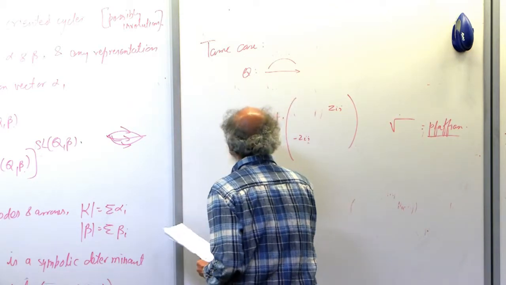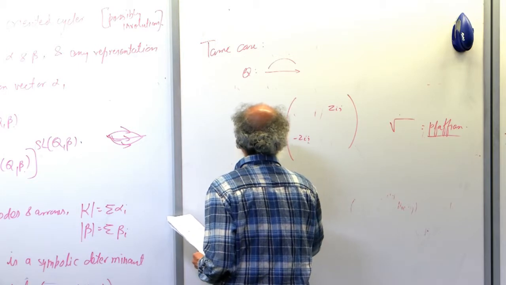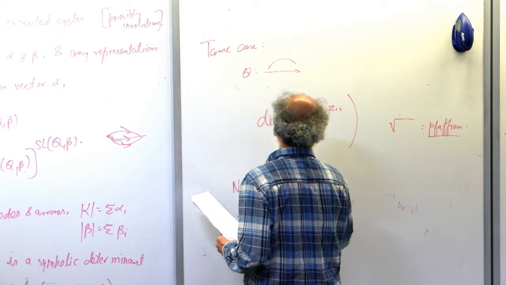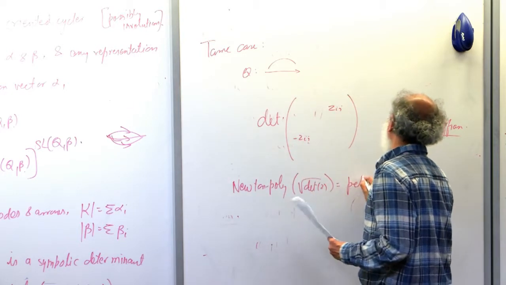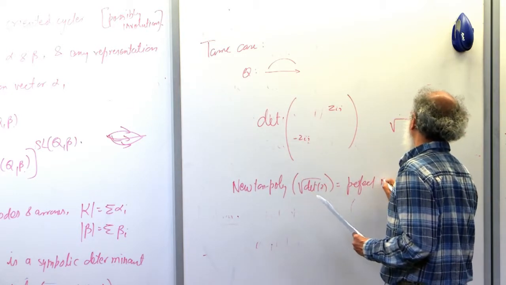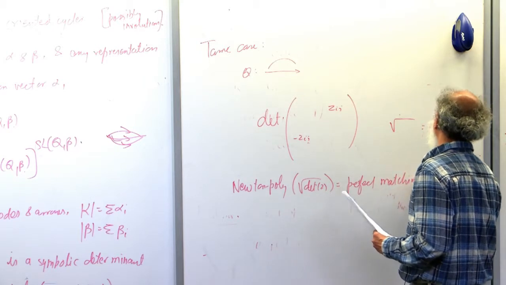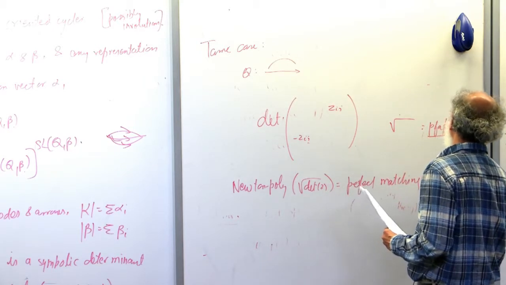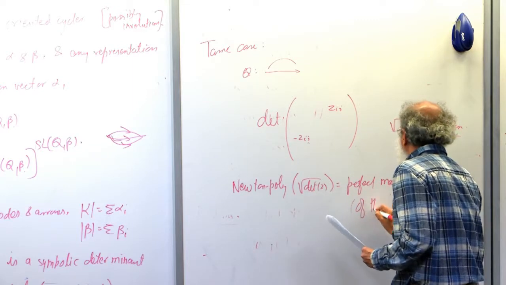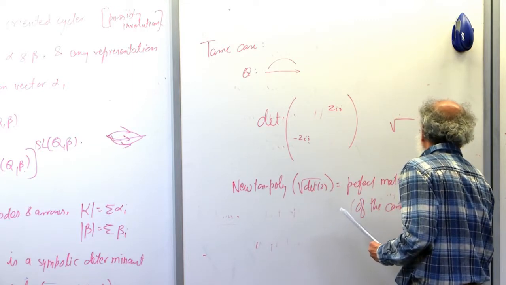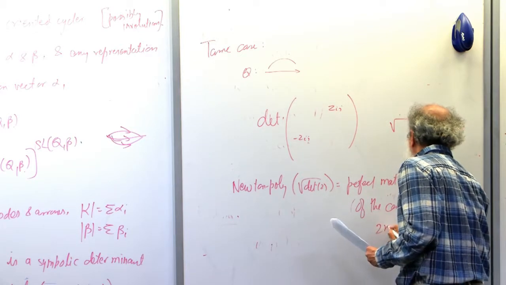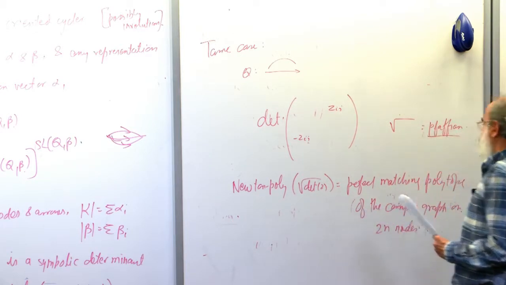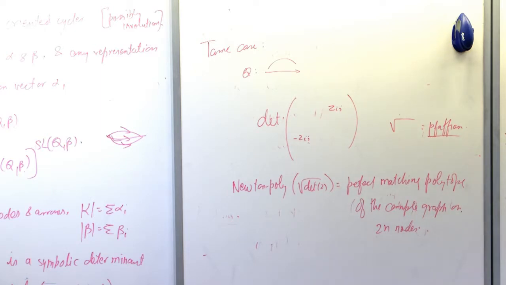Now in this case, the Newton polytope of the square root of det Z is precisely the perfect matching polytope of the complete graph on 2n nodes.